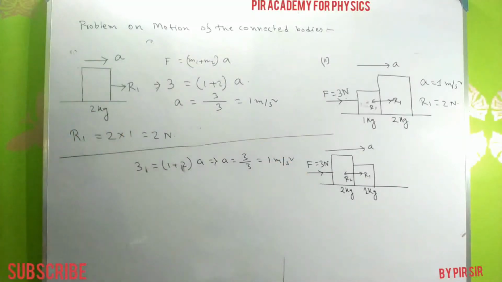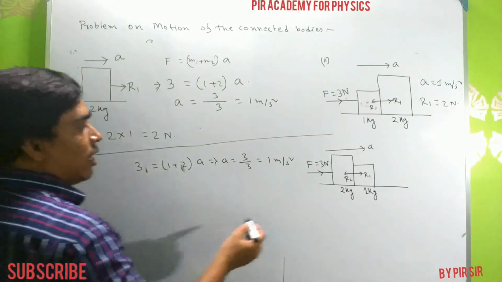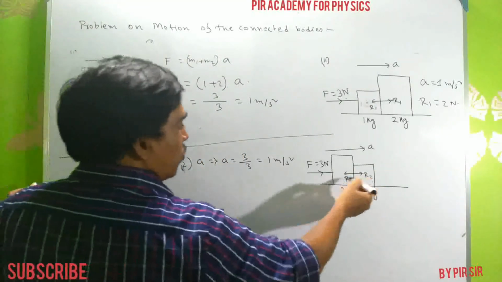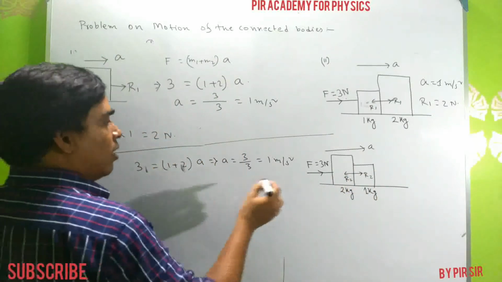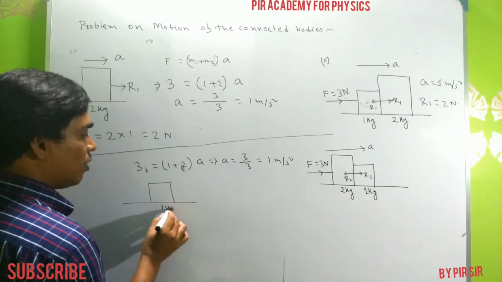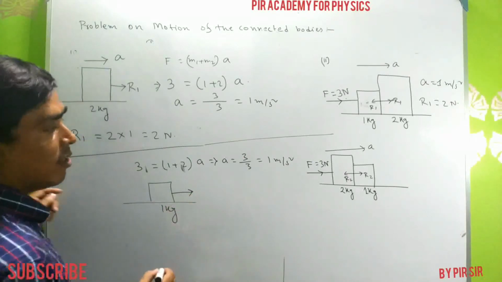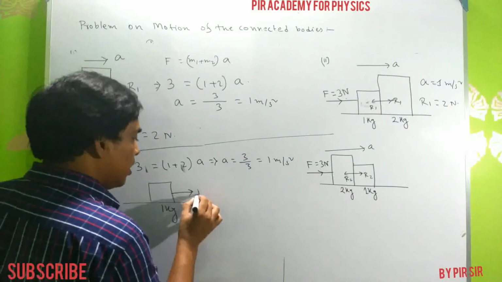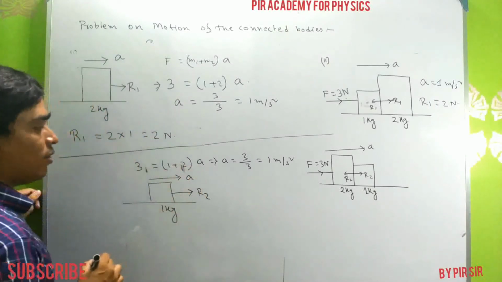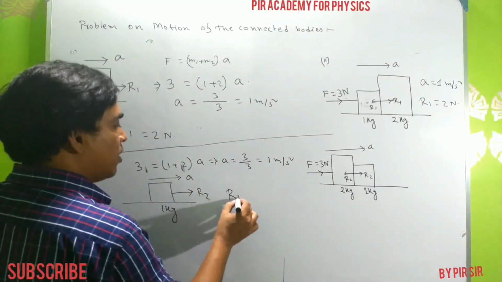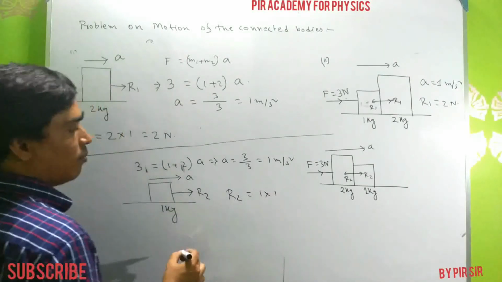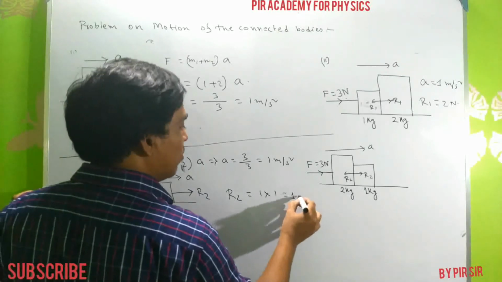That means the acceleration is the same, but here the contact force, say R2, is the same and opposite. For this you have to draw the 1 kg mass, because the 1 kg mass is acted on by the force R2 and is accelerated with A. Then R2 equals mass into acceleration, that means 1 newton.